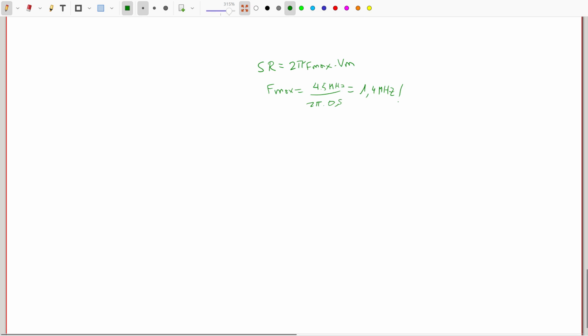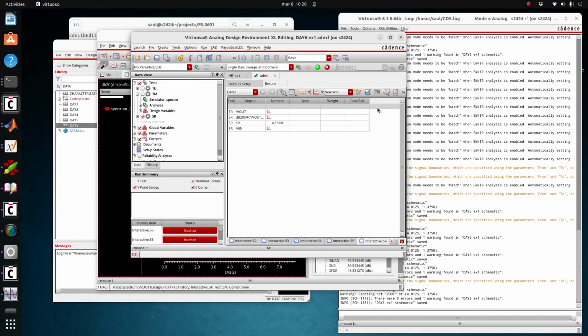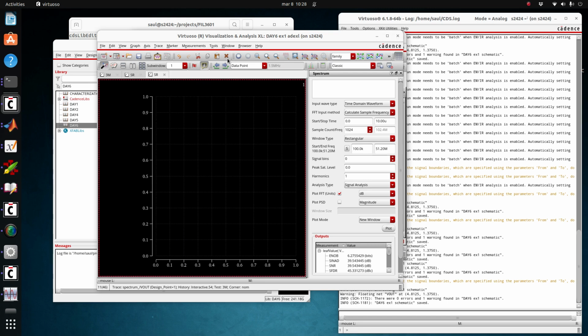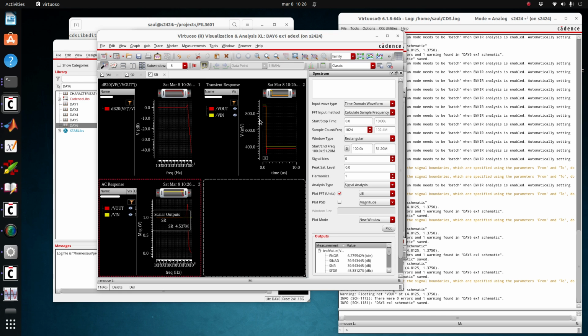Okay, so let's take a look. If we double this from 500 kilohertz, we can take a look at the slew rate very quickly to see how it has improved.